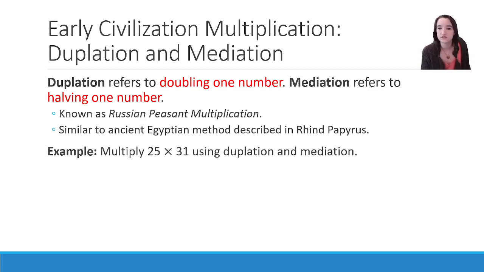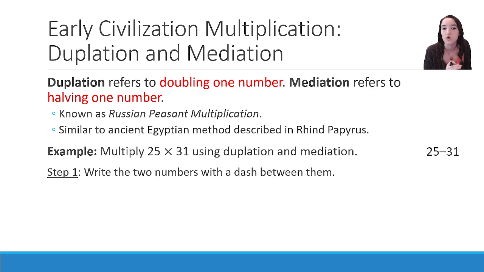But the goal here is to see what other ways I can do this, right? So we're going to multiply 25 times 31, and the goal isn't to get the numerical answer. The goal is to show how we can get to the numerical answer.